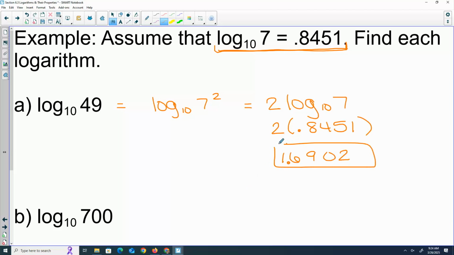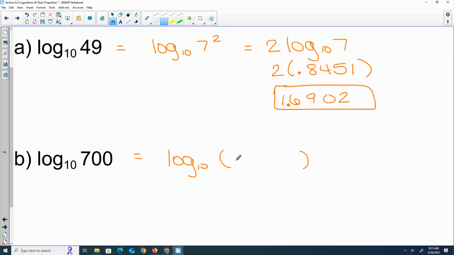What if I wanted you to use properties for log base 10 of 700? I've given you log base 10 of 7. How could you rewrite 700? Seven times 100. Properties of logs, what would you do with that?